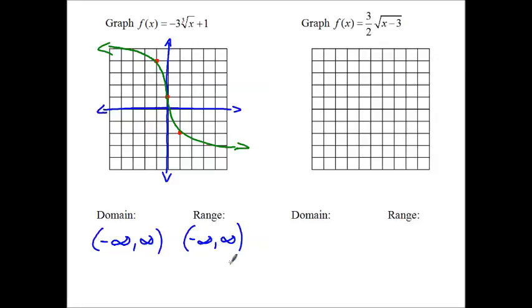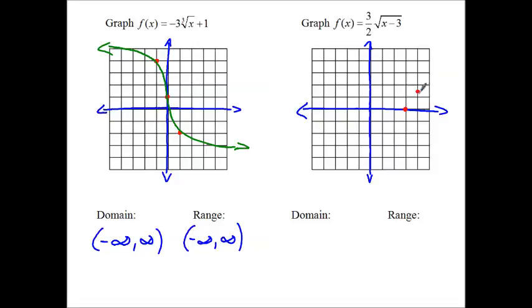And for our last example of the day, we have a square root function again. So for our square root function, we go 3 steps to the right, but we don't have to go up. And our dilation is positive 3/2, or positive 1.5. So we go 1 step to the right and 1.5 steps up.